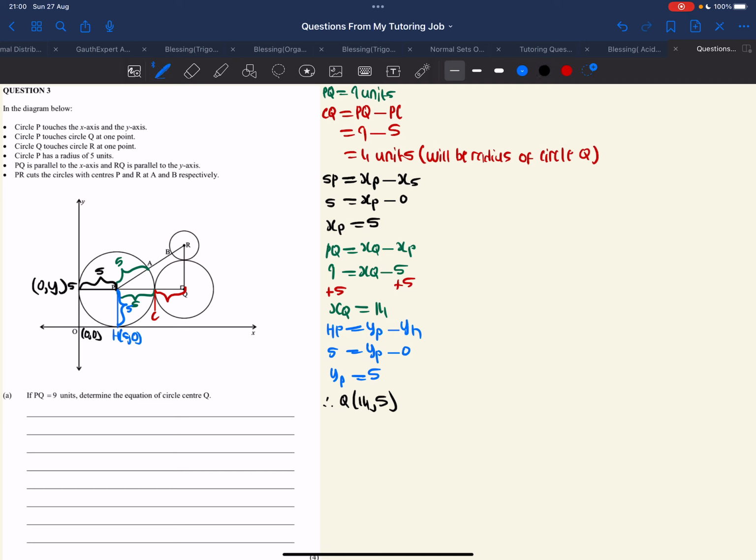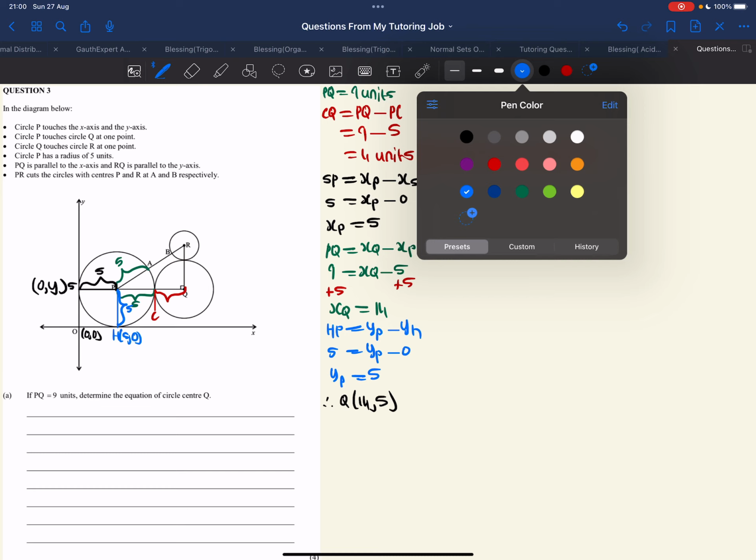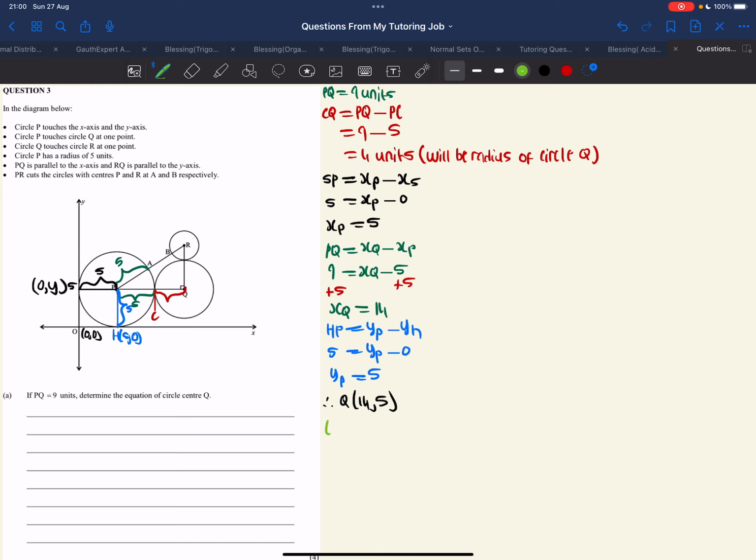Now, according to a circle, we know that a circle is x minus a squared plus y minus b squared equals r squared. Now remember we found that a is 14, so it is x minus 14 squared plus y minus 5 squared.